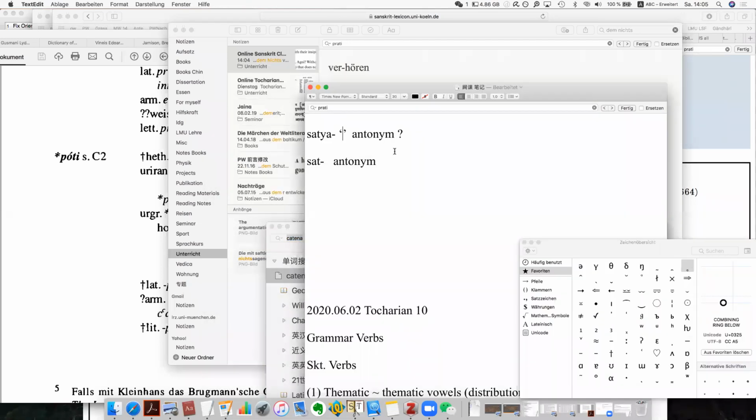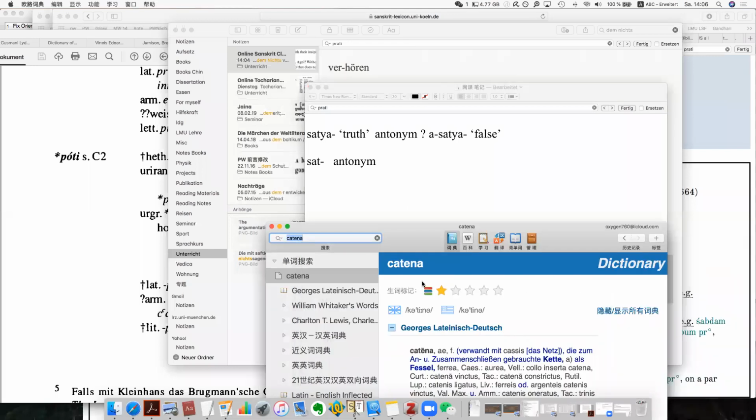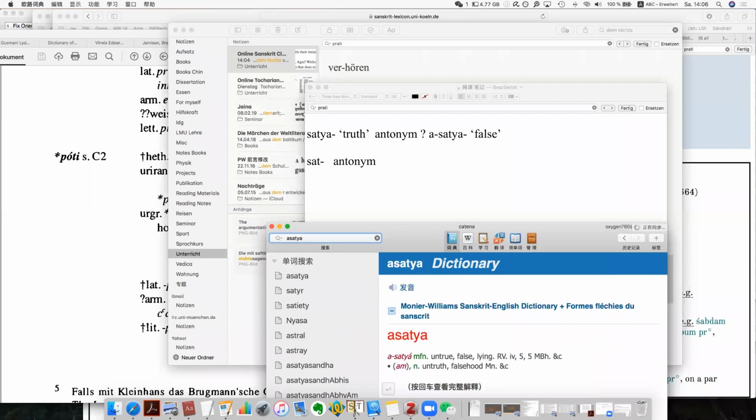In Pali, it's sacca. So what is the opposite of satya? You put an a before it, so it is asatya, falsehood, right?